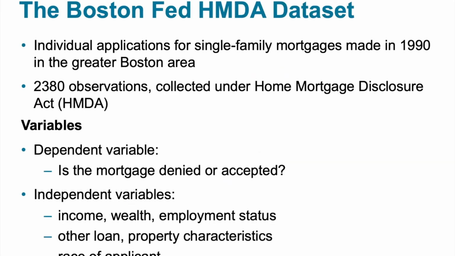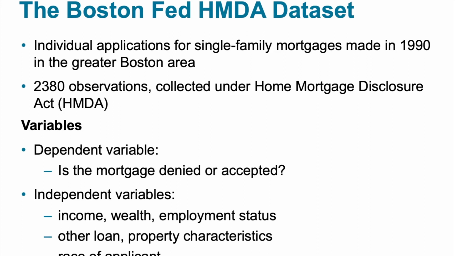In this chapter, we're going to focus on the mortgage denial and race example for studying the binary dependent variable scenario. In this example, individual applications for single-family mortgages made in 1990 in the greater Boston area make up our dataset. There are 2,380 observations collected under the Home Mortgage Disclosure Act. The dependent variable is whether the mortgage is denied or accepted.